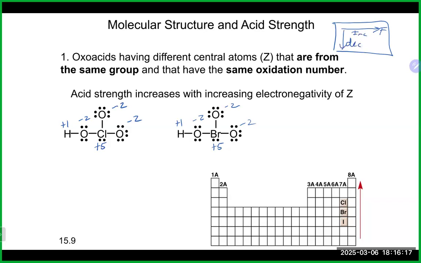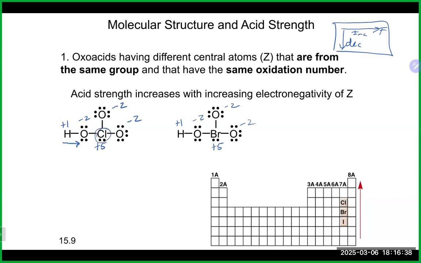So when we compare the electronegativity values of Cl and Br, Cl is higher up in that group, which means it's more electronegative. What does that mean? What is that going to do? Well, it's going to do this. We already have our electrons heading in this direction to start with on that OH bond.